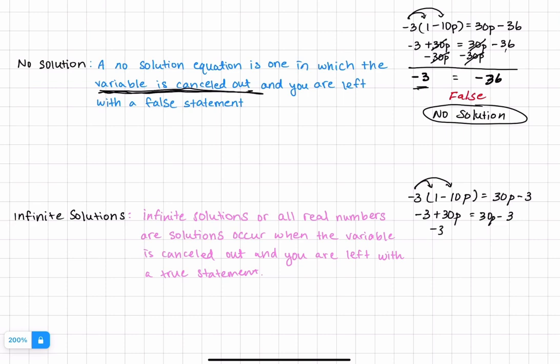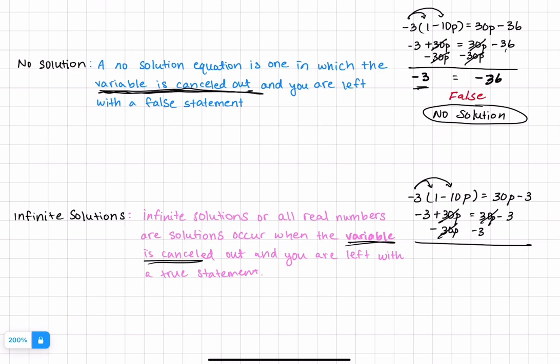Again, subtract 30p on both sides. Now the 30p's cancel on both sides. The variable is canceled.